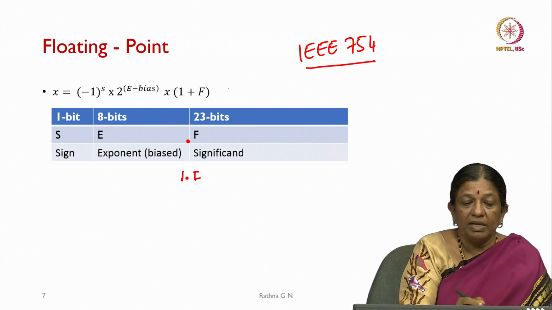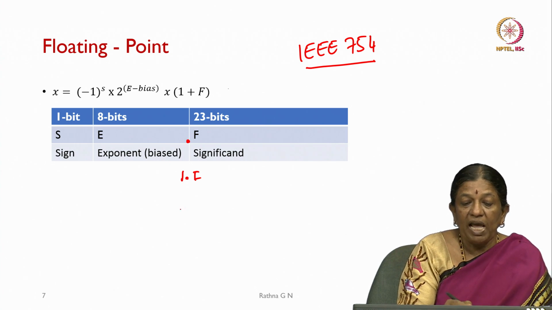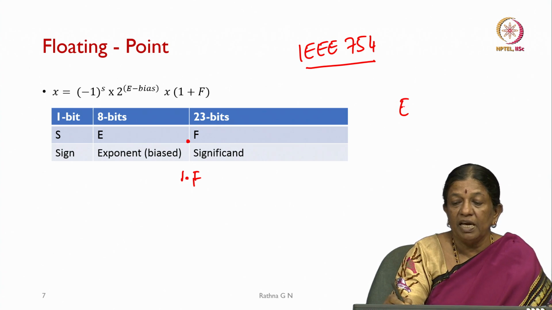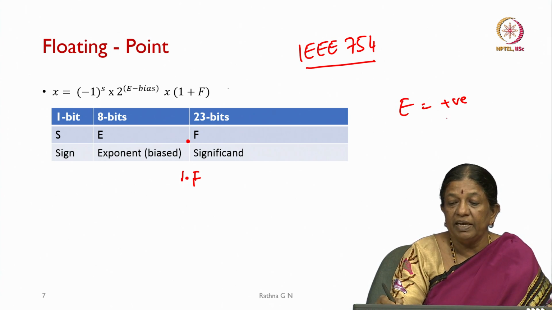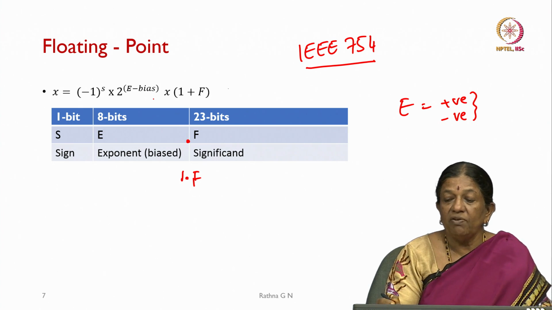So, we call this biased. That is what happens to negative numbers: the exponent e can be both positive and negative, so how will I represent it? That is why we have the bias.